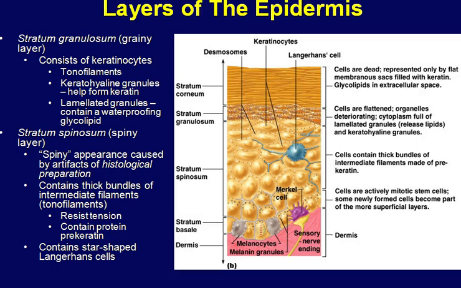Their cytoplasm is filled with prominent, darkly stained, irregularly shaped keratohyaline granules. Keratohyalin serves as a precursor in the definitive process of keratinization. Granulosum cells usually show nuclei in various stages of degeneration.